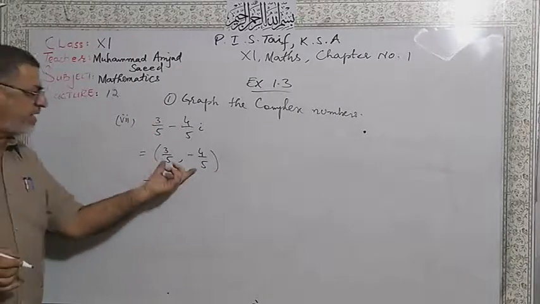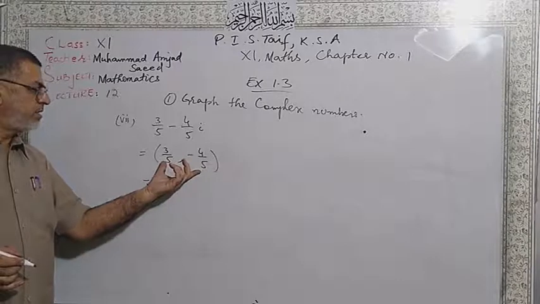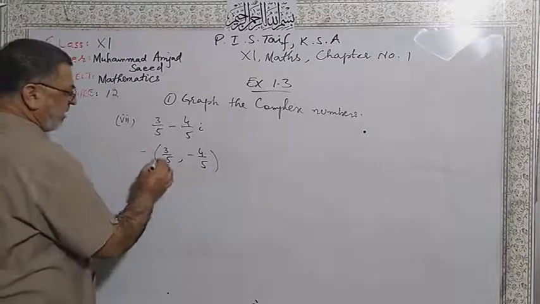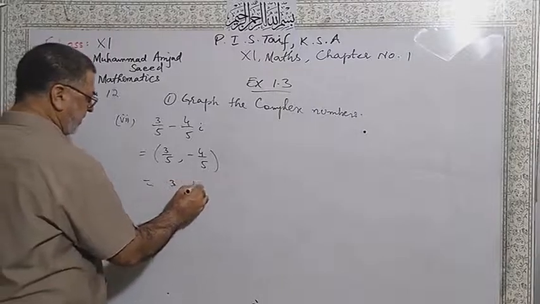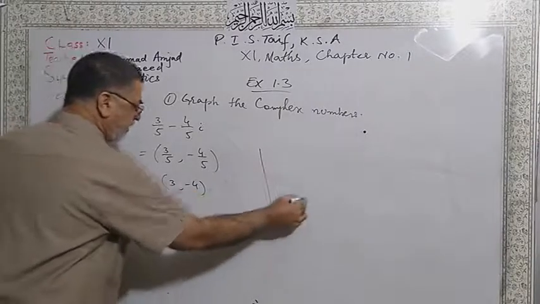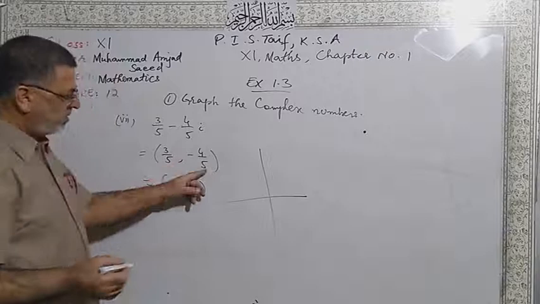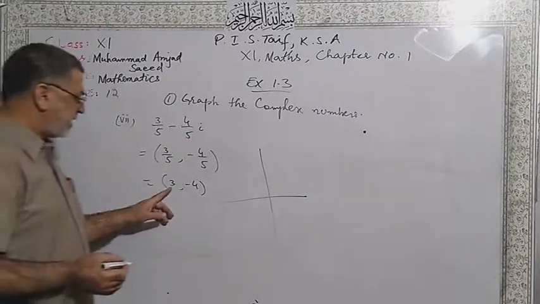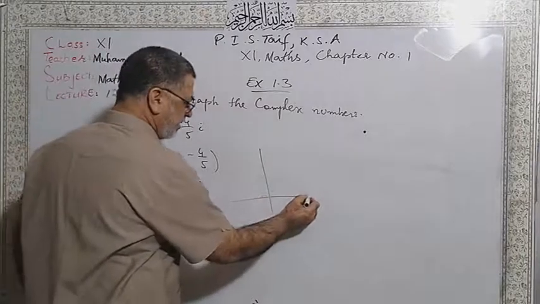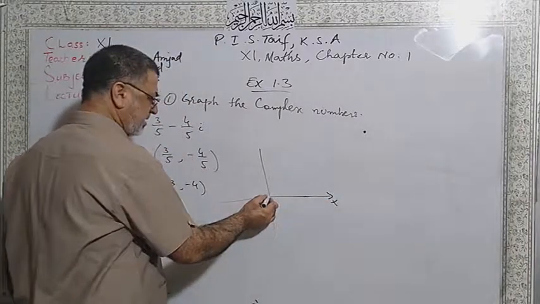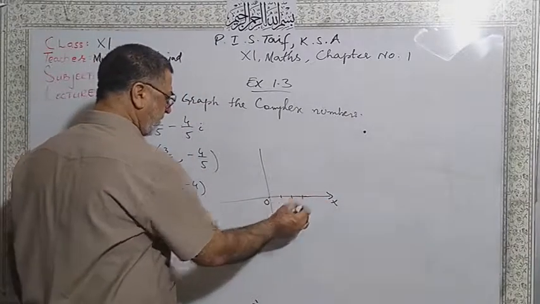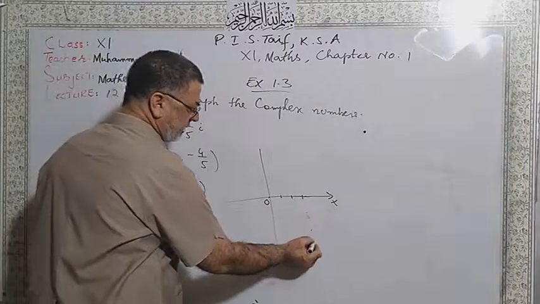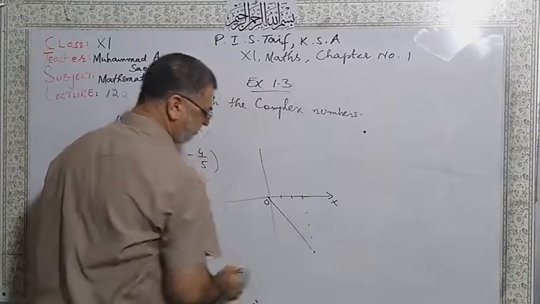Because the denominator is the same, you can multiply out by the denominator, that may be 3, minus 4. Now it has become very easy. Remove these denominators. Here is 3. From the origin, move towards x, 1, 2, 3. And minus 4 is moving downward, 1, 2, 3, 4. That one.